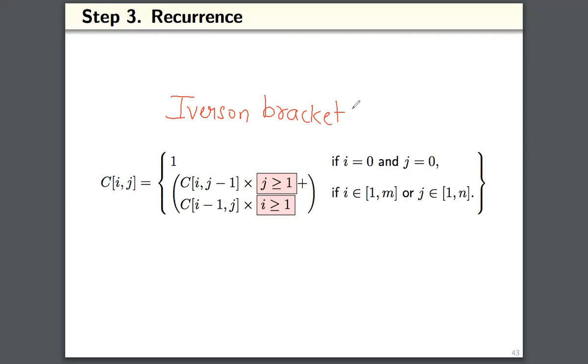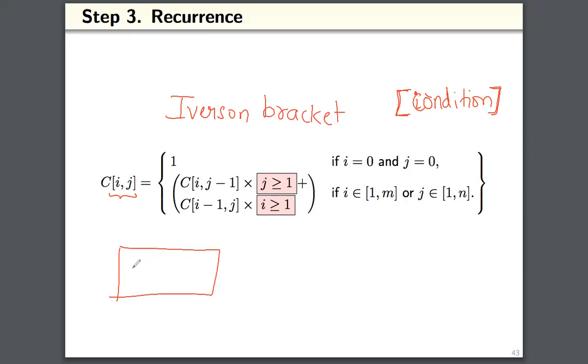And what does it represent? Typically we write something like this, a condition in square brackets, but if we use square brackets, it's confusing, because we are also using square brackets for arrays and all that stuff. The actual Iverson bracket uses square brackets, but here I have replaced it with a colored box.